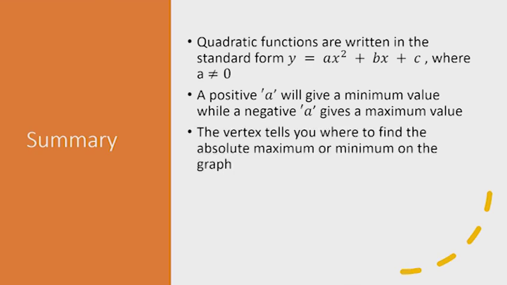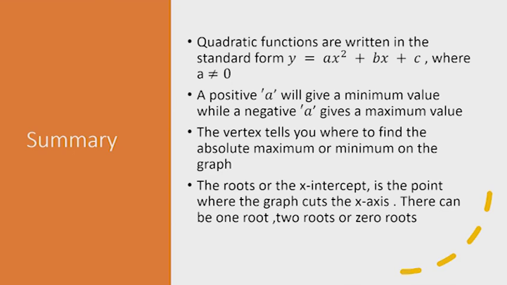The vertex tells you where to find the absolute maximum or minimum value on your graph. And finally, our roots or x-intercepts are the points where the graph cuts our x-axis, and there can be one root, two roots, or no roots.